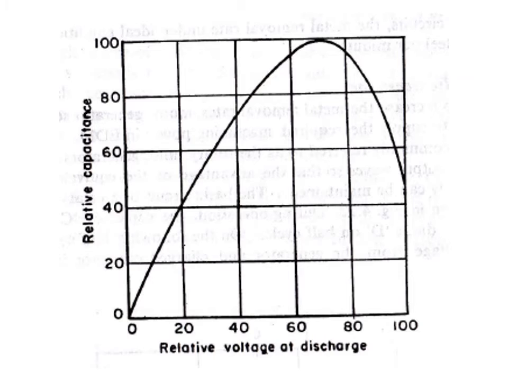Here, with the increase in the relative voltage at discharge, the relative capacitance goes on increasing up to a certain level, say around 60 to 70 relative voltage at discharge. The relative capacitance goes on increasing, but further increasing the relative voltage at discharge will diminish the relative capacitance value.